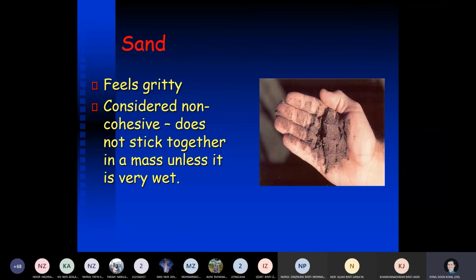One thing you have to remember, sand usually is in larger particles. So sand may exist in so many ways. Sand can exist in a river. It also can exist in the desert.